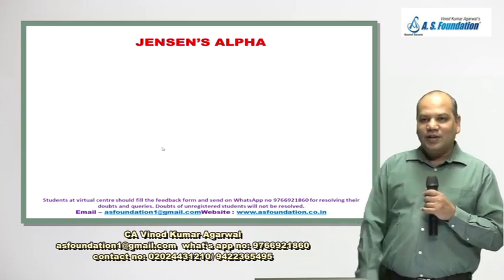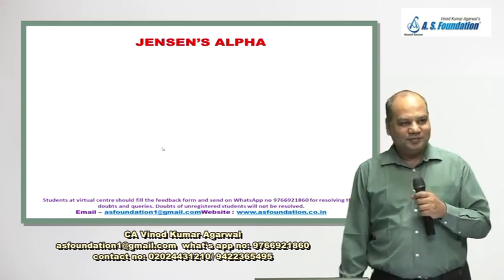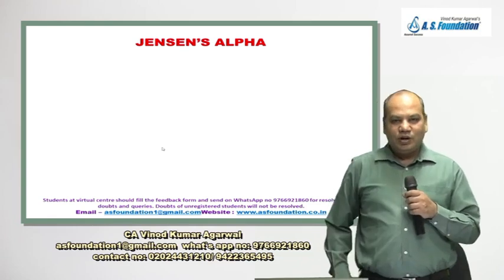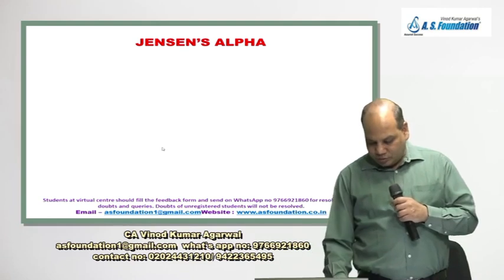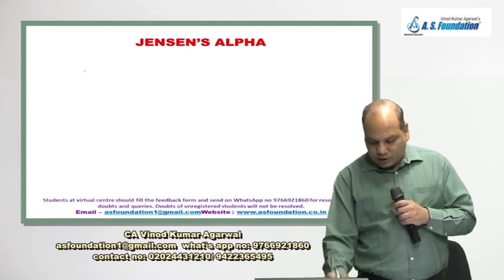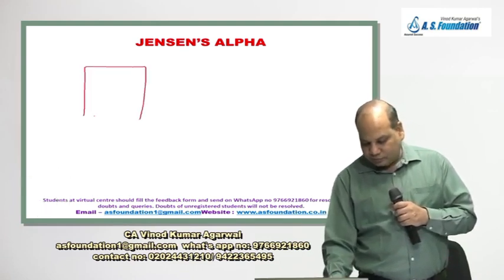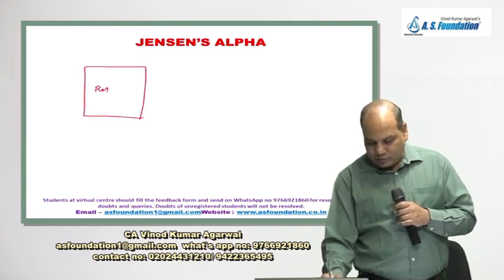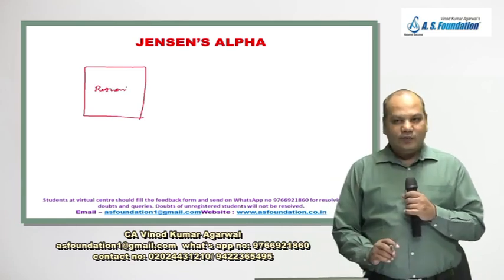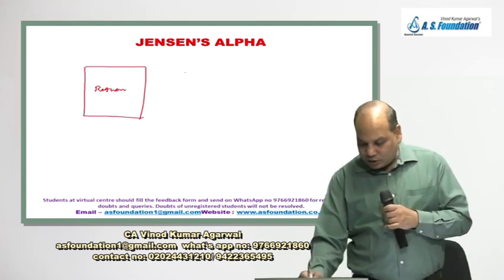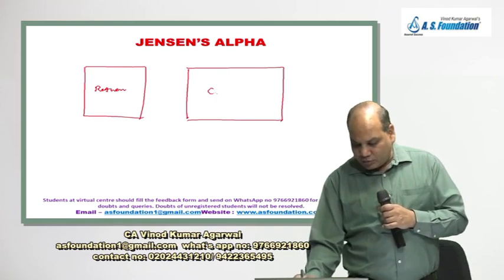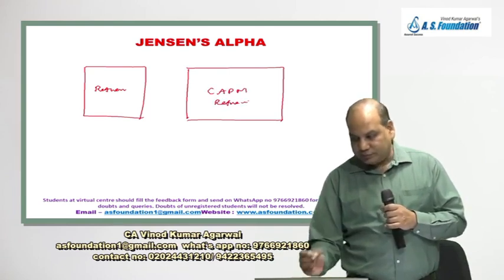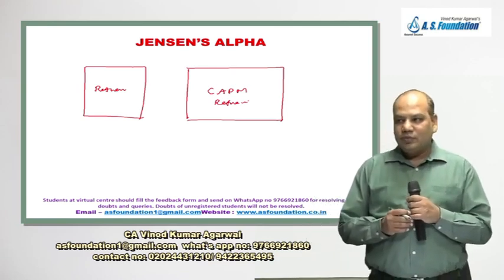The third is Jensen's alpha. We have learnt it in the portfolio management chapter also. So Jensen's alpha will basically compare the return that is generated by the fund and what it should have generated based on its type of risk.